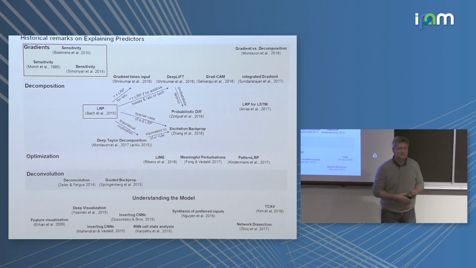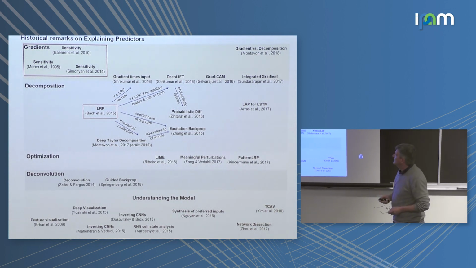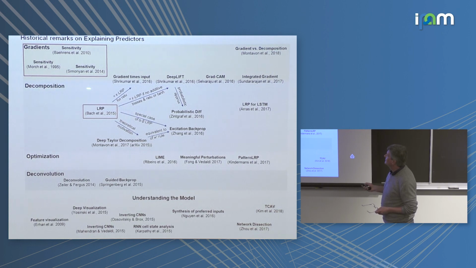That's called sensitivity. But it has been rediscovered several times, also by us, also by Simonyan. The pictures that you saw are from layer-wise relevance propagation, which gives something rather meaningful in terms of the rooster's comb and so on. And there's a lot of methods that are based on this, or that are special cases of that.